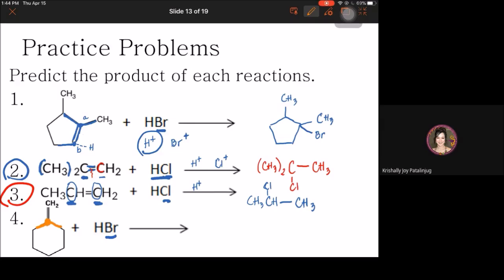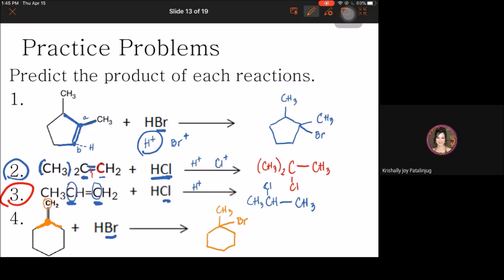Hydrogen will be added to this encircled carbon. Okay, so that is all about hydrohalogenation. Then you add the Br.